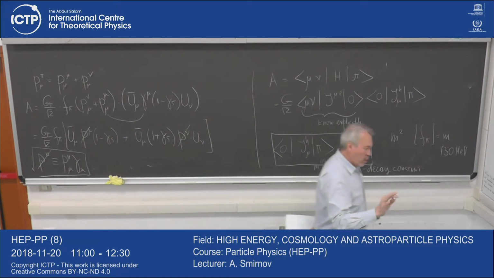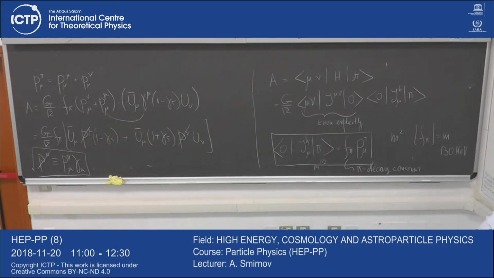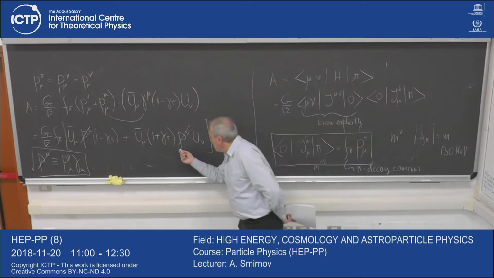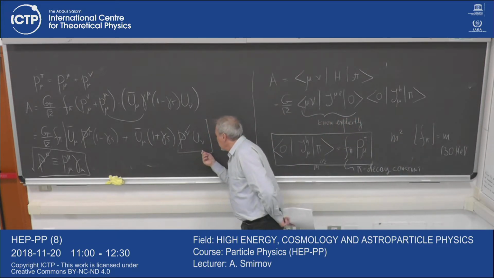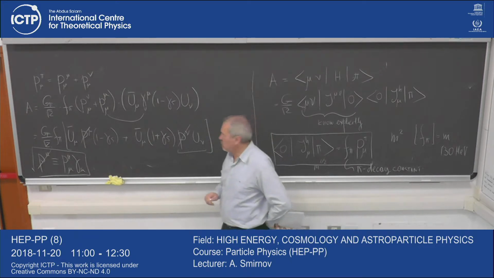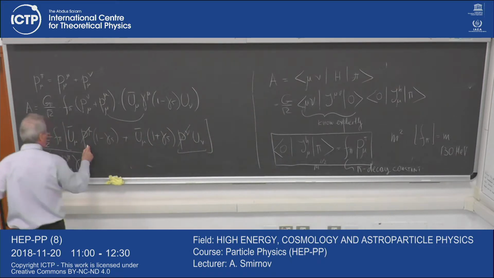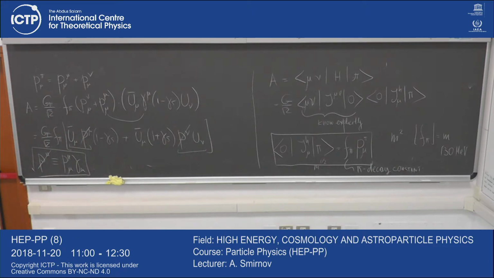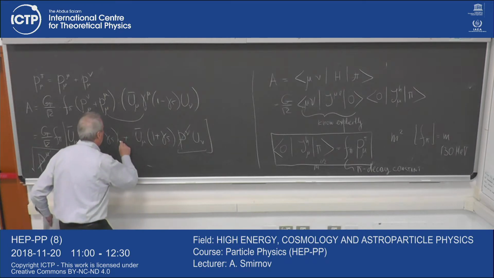You probably studied that gamma 5 has this antisymmetric property, so when you permute gamma_mu with gamma 5, you have a change of sign. So I did this permutation to attach this P slash for the neutrino with the corresponding spinor, and attach this with the spinor of the muon.